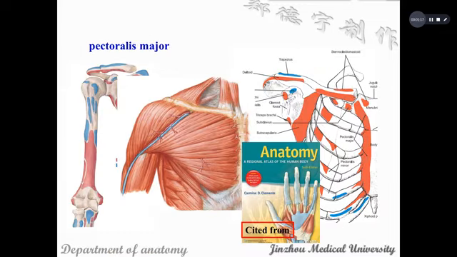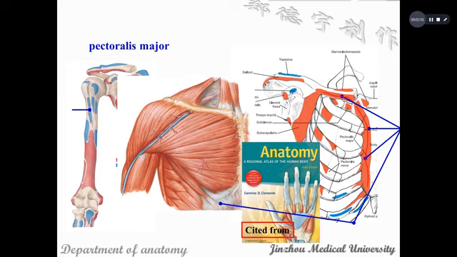And then the pectoralis major. From this picture, it originates from the lateral aspect of the sternum and the costal cartilage, the inferior surface of the clavicle, and don't forget this part, the anterior layer of the sheath of the rectus abdominis.